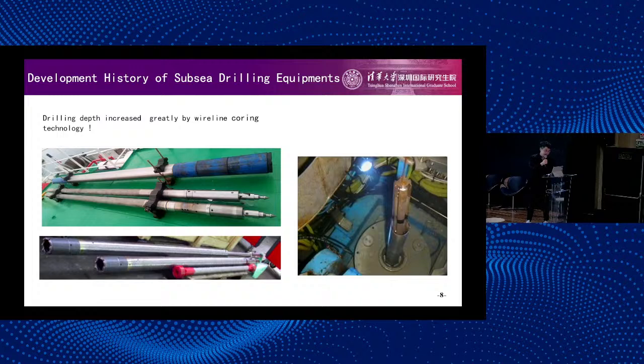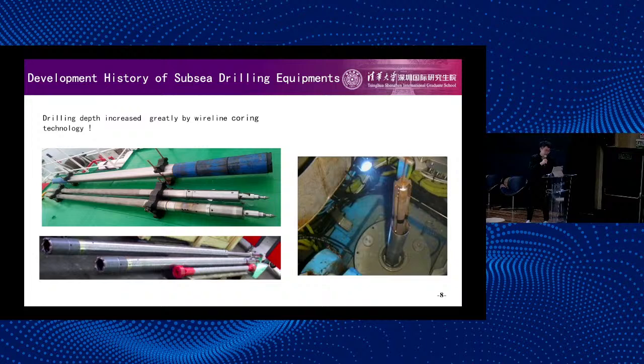By repeating the above process, we don't need to pull up all the drill string in the strata, and coring is achieved, which helps reduce costs and save time a lot. As shown in the left picture, there are some more developed coring tools, and on the right is a photo of the wire rope coring process.